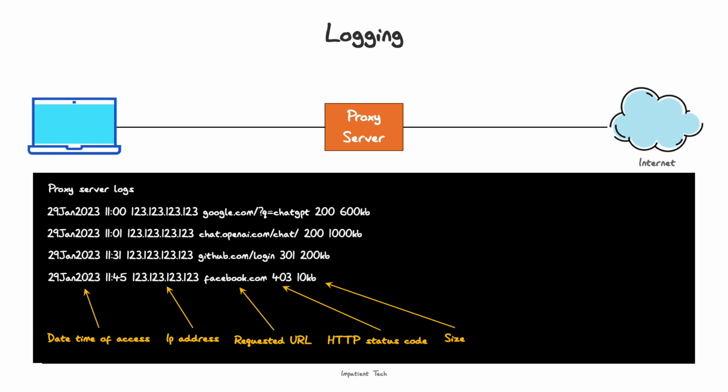Some proxy servers may also log additional information such as the user's login name, the referral website, and the user agent, which can be useful for monitoring, problem solving, and security purposes.